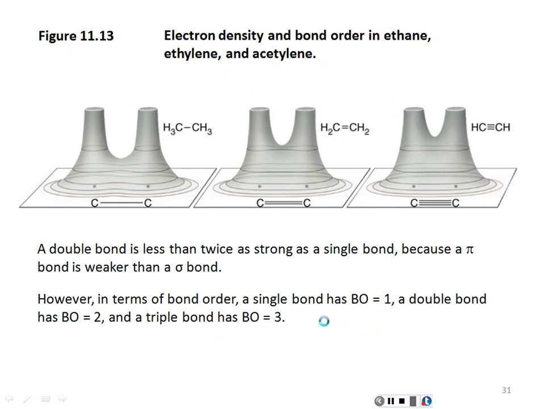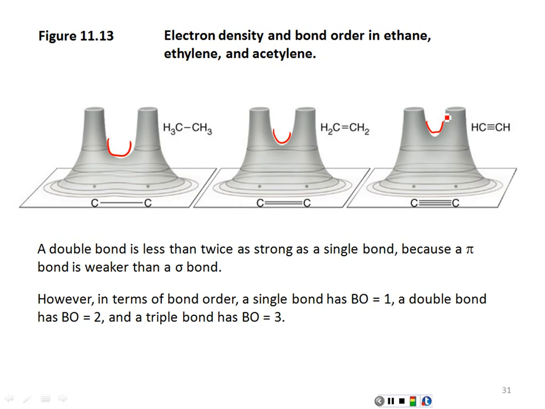Your book really likes to show these electron density maps, and if we look at the electron density maps for ethane, ethene, and ethyne, we see that in each of them there's increased electron density between the 2 carbon nuclei.